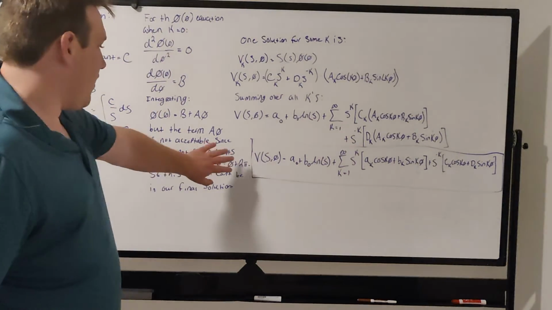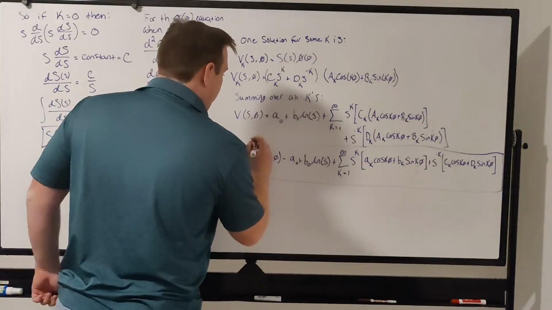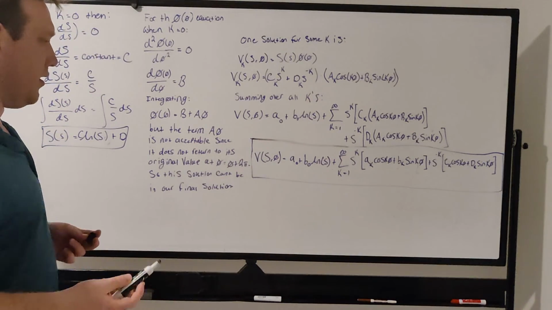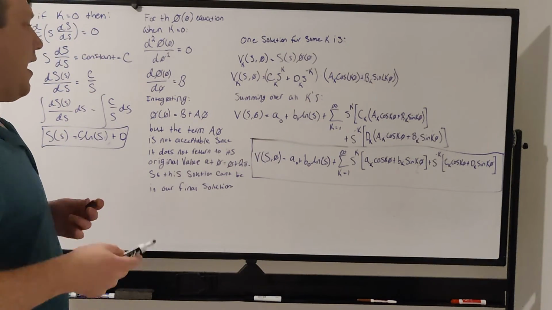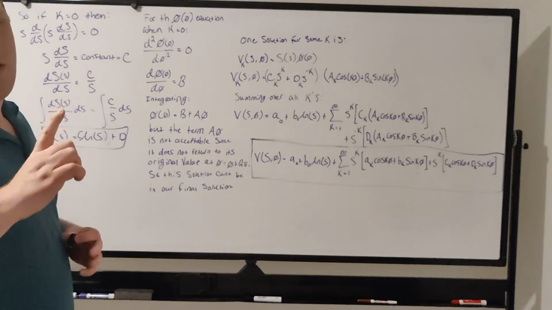And this is the final form of the solution. So this is what Laplace's equation gives you for cylindrical coordinate system with cylindrical symmetry with no dependence on the z parameter.